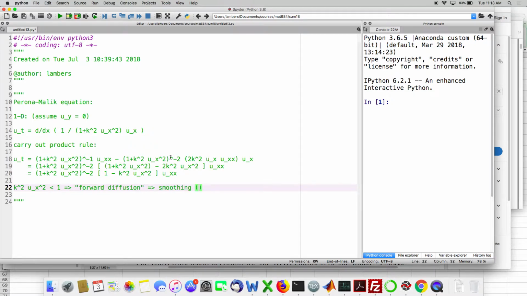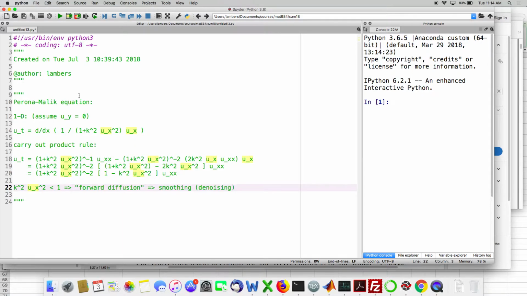So that means we have smoothing. So if we have ux not changing very much, very small changes, for example, that would be indicative of noise, very small changes in pixel values.